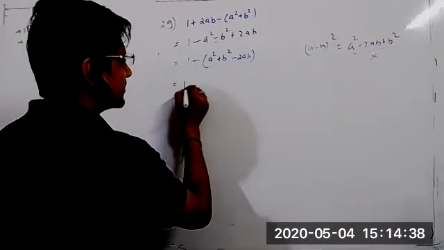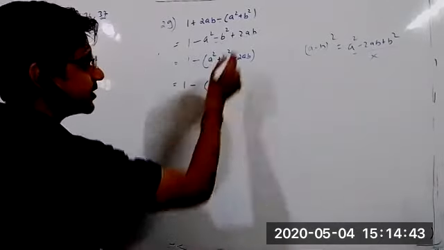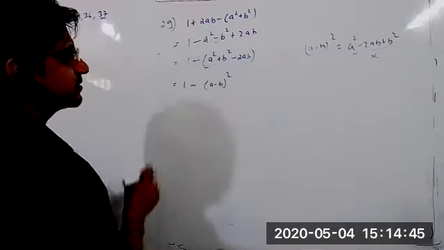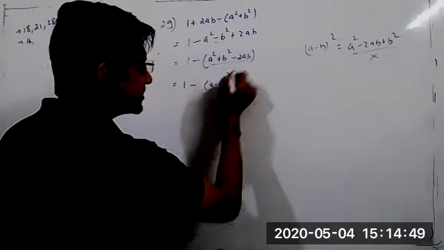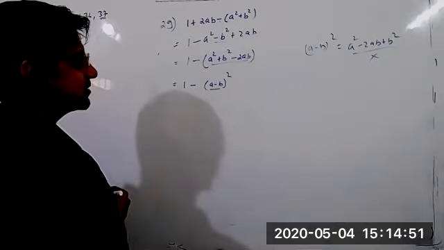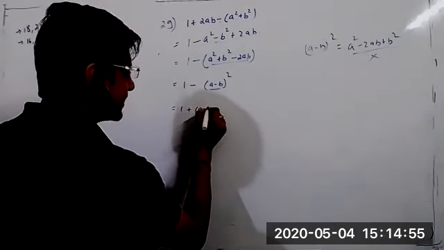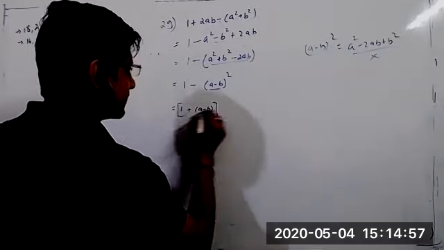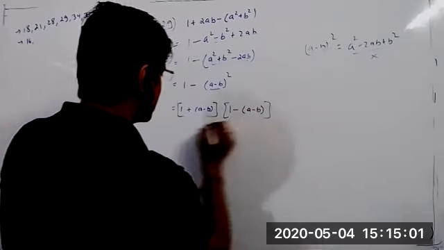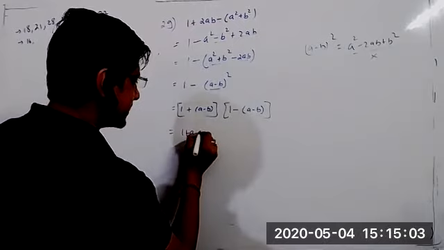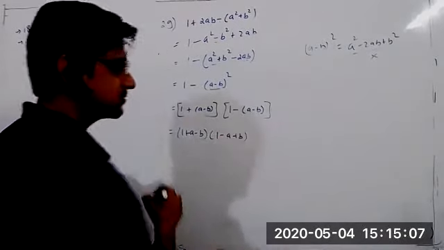Now you write 1 minus a minus b the whole square. You cannot directly write from here to here. Understood? Now is it matching with this expansion? Yes, sir. Now you write 1 plus a minus b, 1 minus a minus b, then 1 plus a minus b, 1 minus a plus b.